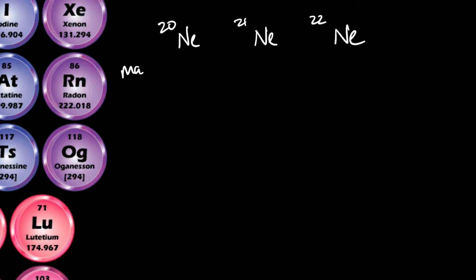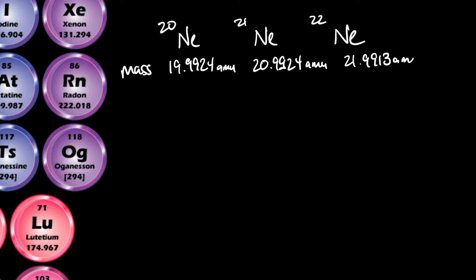The mass of neon 20 is 19.9924 AMU. The mass for neon 21 is 20.9924 AMU, and the mass of neon 22 is 21.9913 AMU. And then you also are given the percent abundance for each of them.